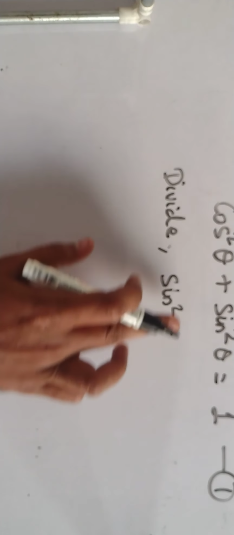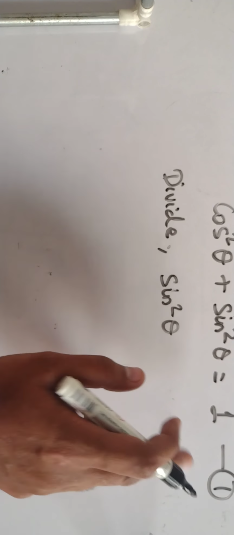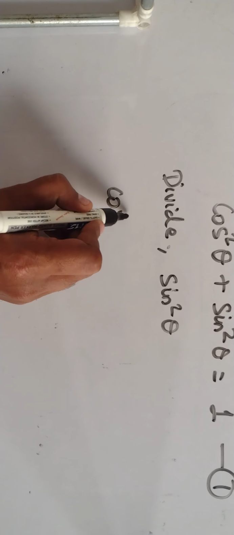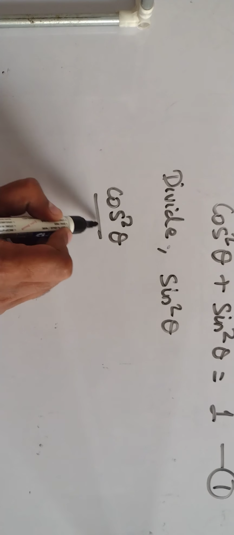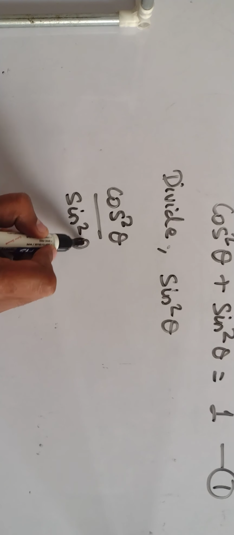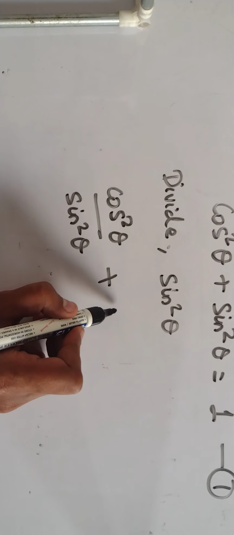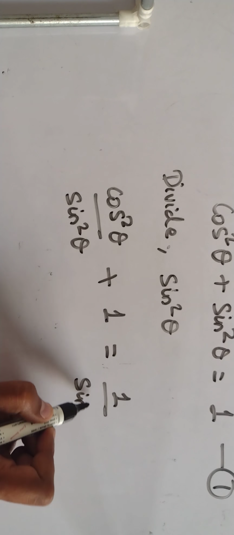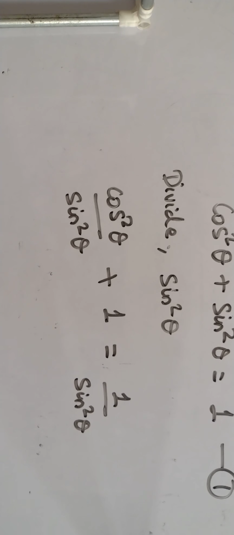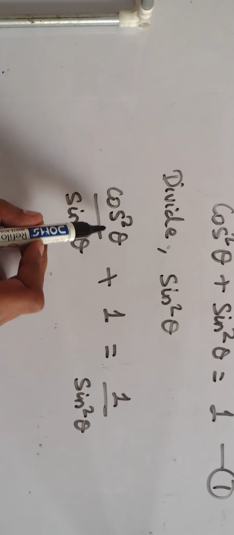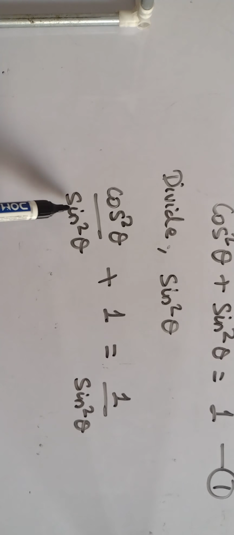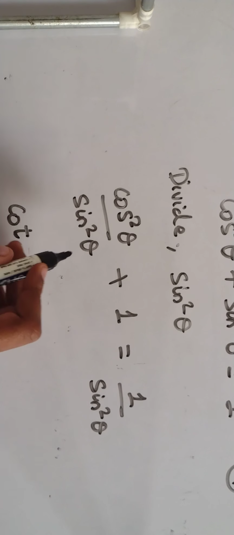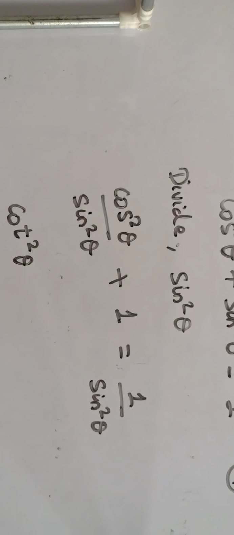what will happen? Cos square theta upon sine square theta plus sine square theta upon sine square theta will be 1, and 1 by sine square theta. Are you following it? Cos upon sine, you know, is cot theta, so the square continues.